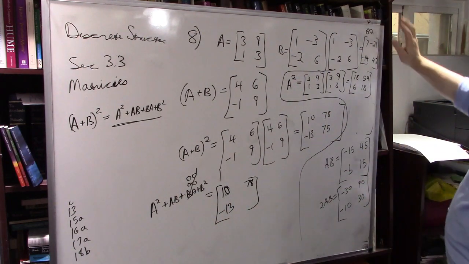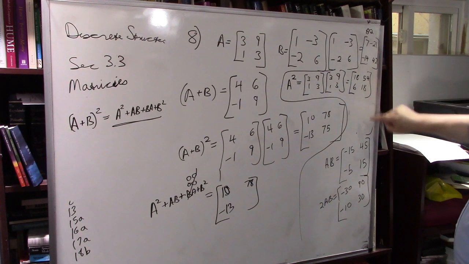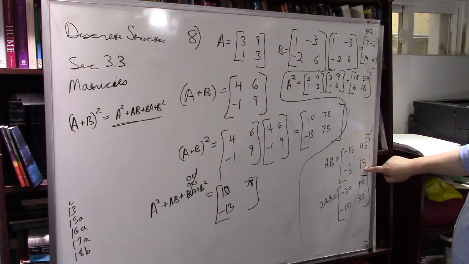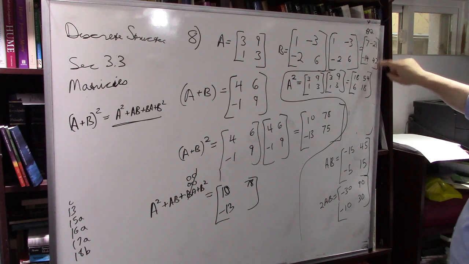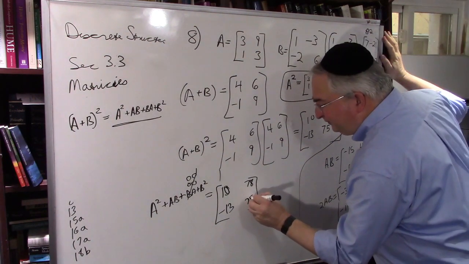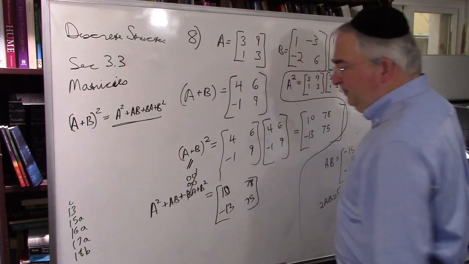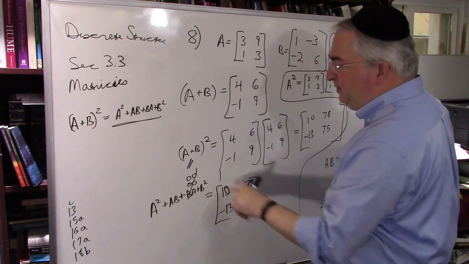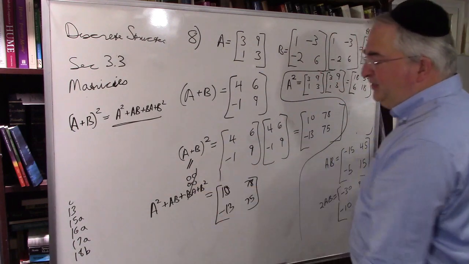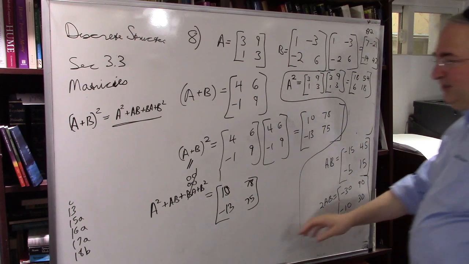And let's do the last one. You ready? 18 plus 15 is 33, plus 42 is 75. So it works. So these two are equal. A plus B squared is equal to A squared plus AB plus BA plus B squared. Here we had a very easy BA because it was zeros. Okay, that takes care of that.